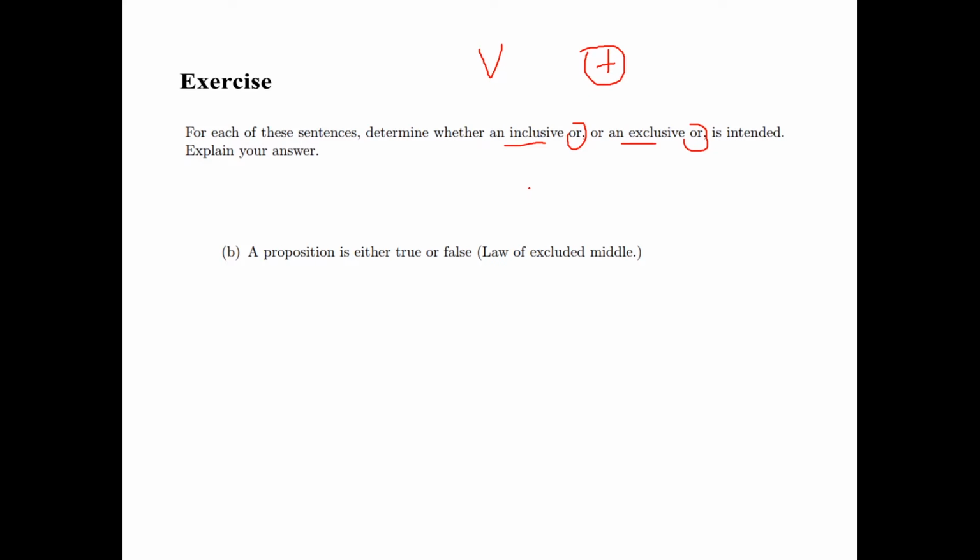A proposition is either true or false. Law of excluded middle. So a proposition, which is sort of what we've been doing all throughout this recitation, is either true or false. So is this or inclusive or exclusive?